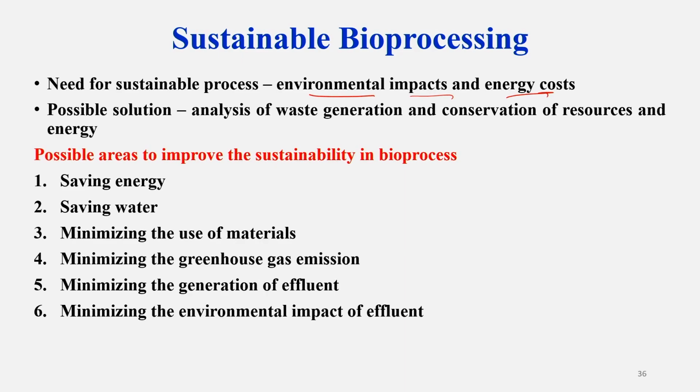The possible solution is to analyze the waste generation and conversion of resources and energy. The possible areas for improvement are to save energy, save water, minimize the use of material, minimize greenhouse emission, minimize the effluent generation and minimize the environmental impact of the effluent.